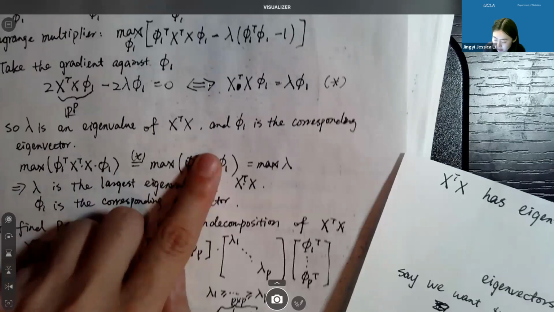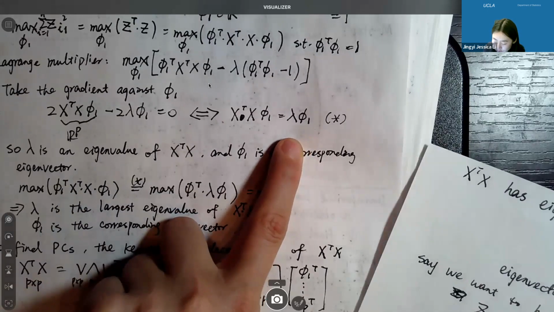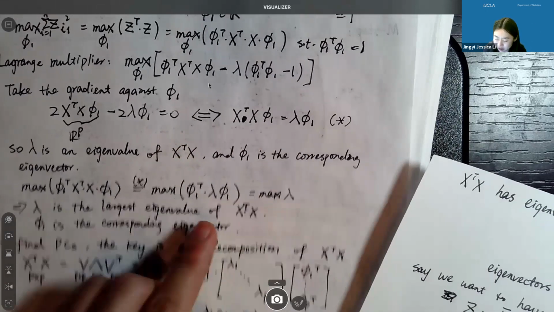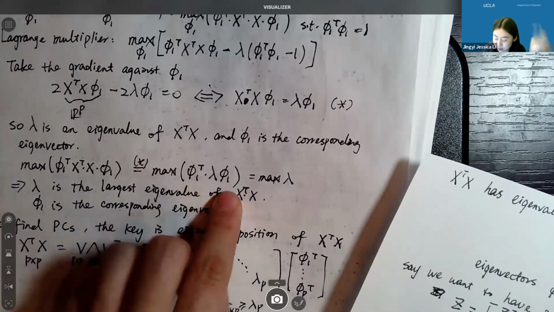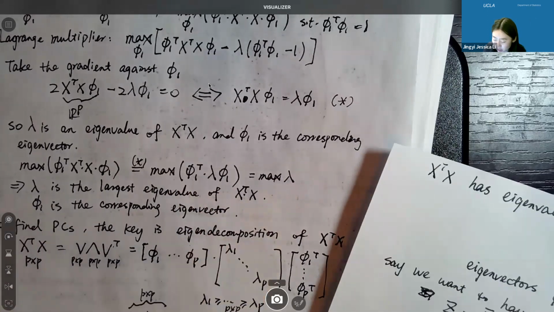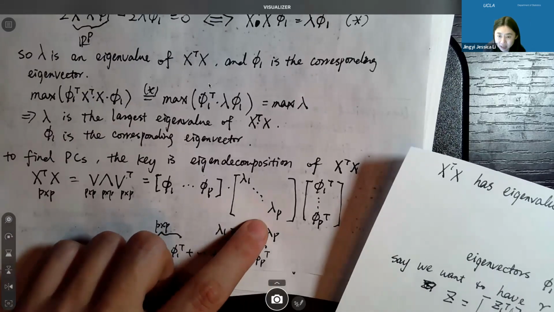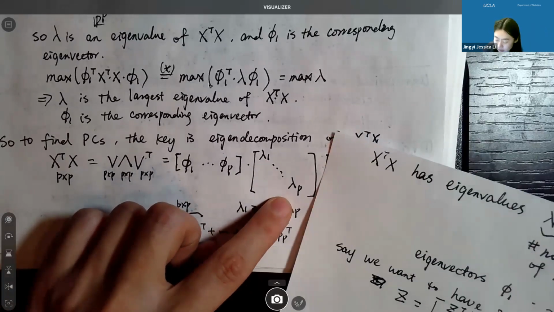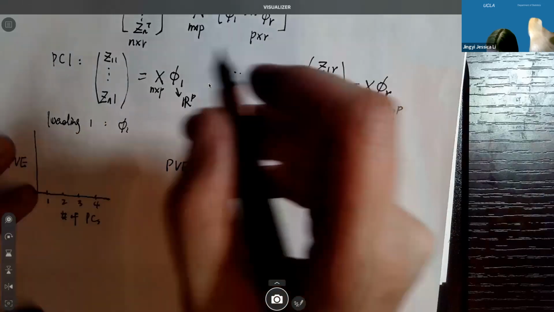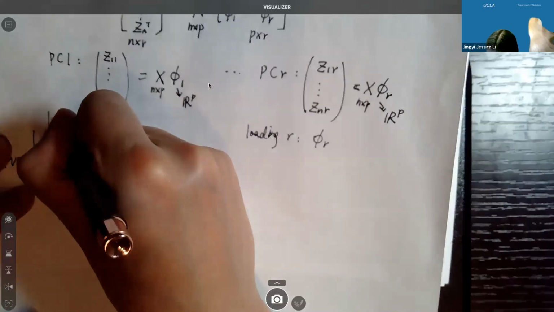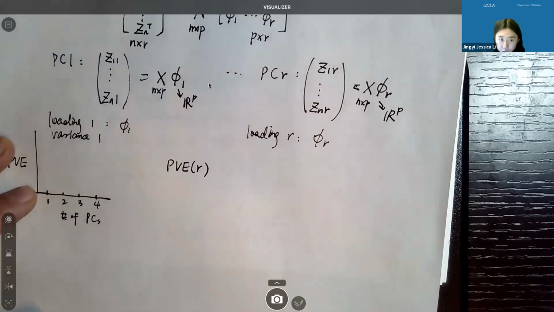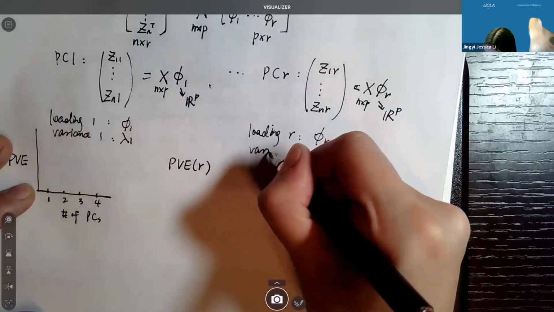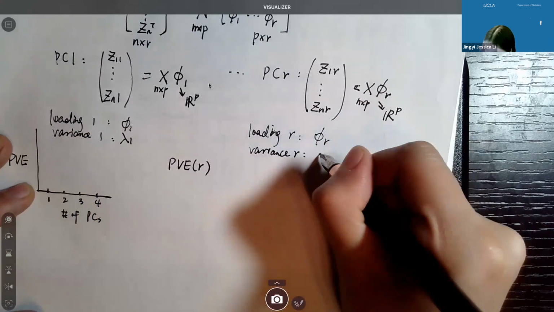Now, this is something I want to emphasize. Realizing this eigen decomposition connection to PCA, right here we see that the variance to be maximized is actually lambda. So essentially here, lambda 1 to lambda p correspond to the variance in each new dimension. And this is the key information. So the variance in the first PC is simply lambda 1, and the variance in the rth dimension is lambda r.